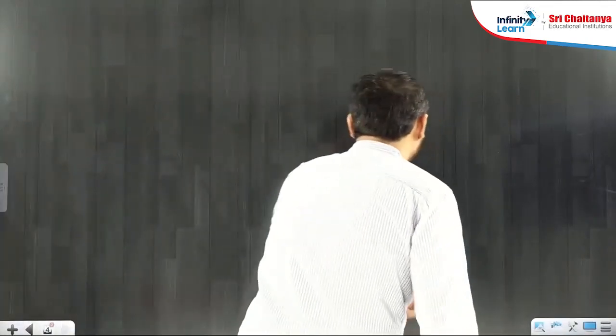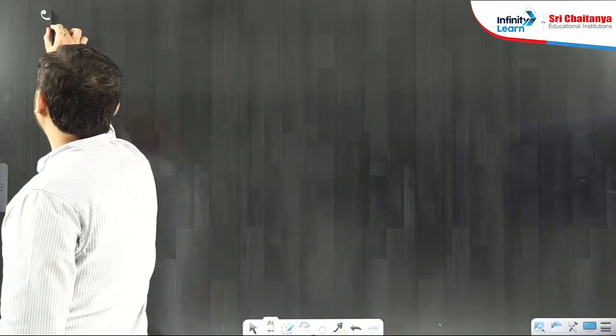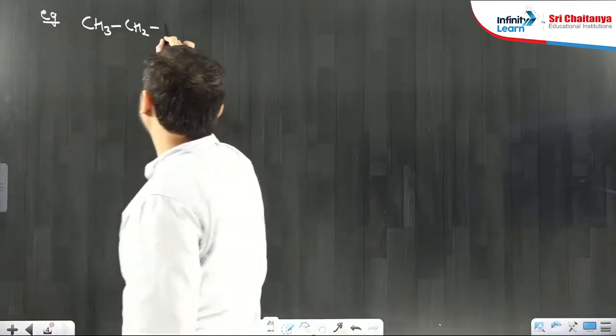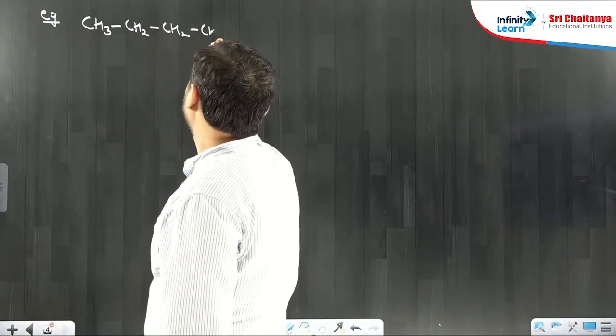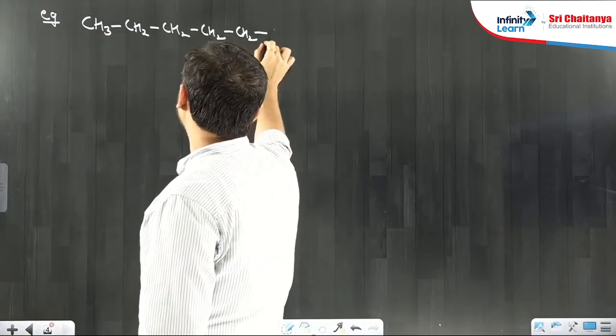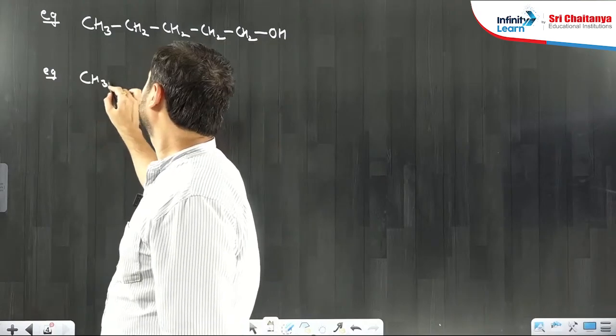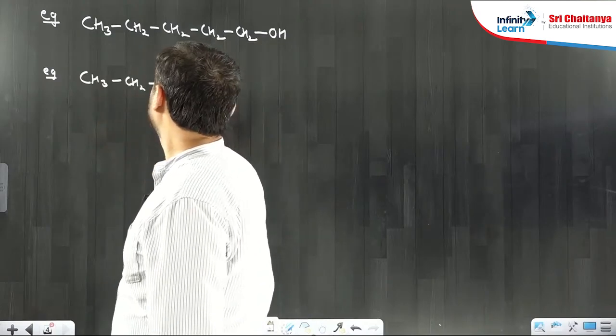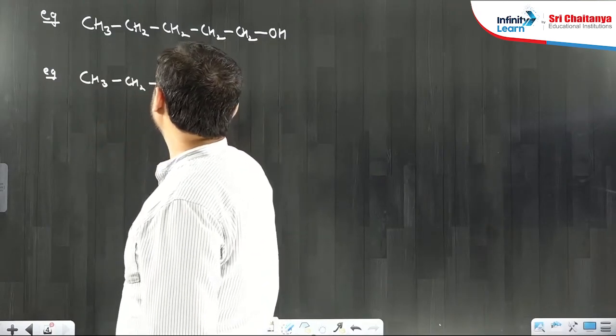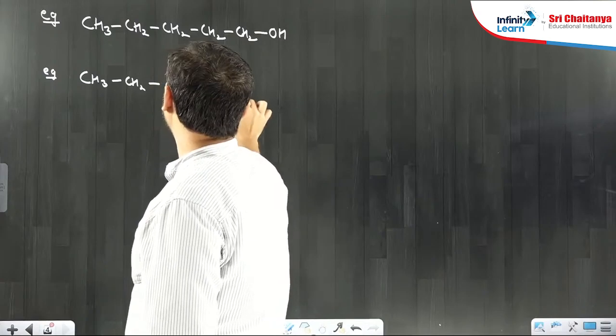So if I write all the structures, you have to tell the name of all these compounds. I will write only structures. 4, 5, what is present here? OH.